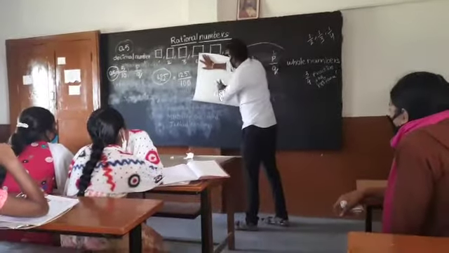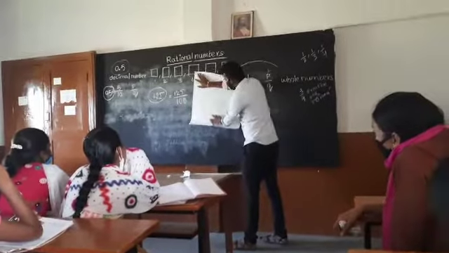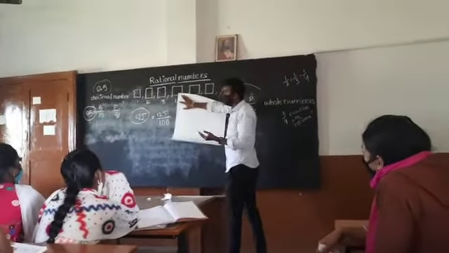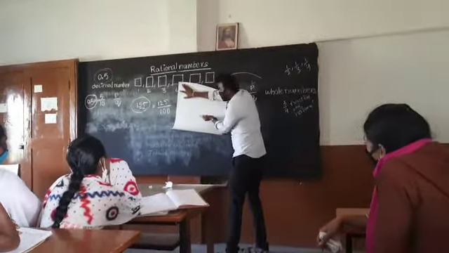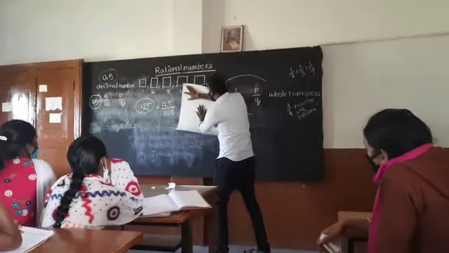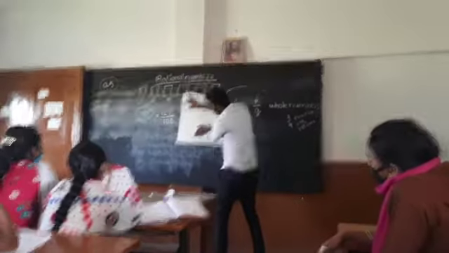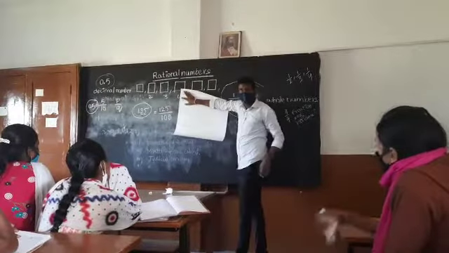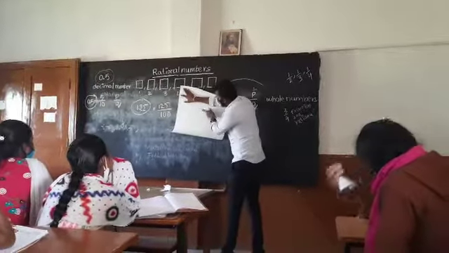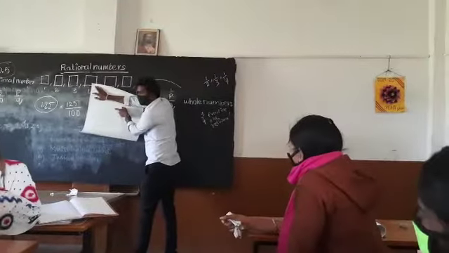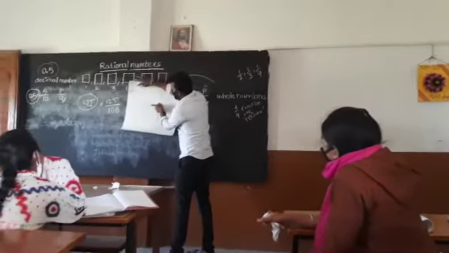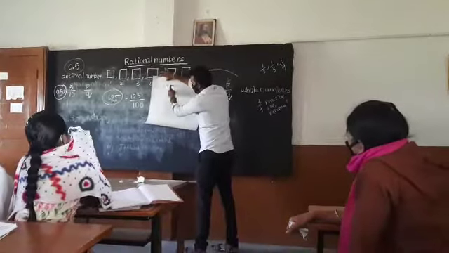So next, we have added negative signs to all natural numbers, and this entire circle, this blue region, is called integers. That is represented by the sign Z.